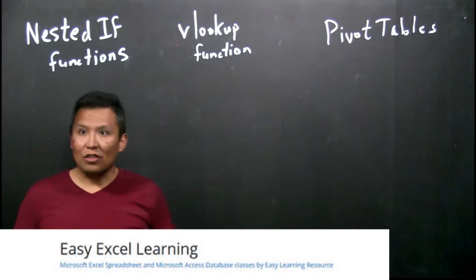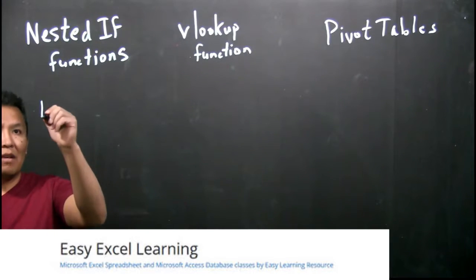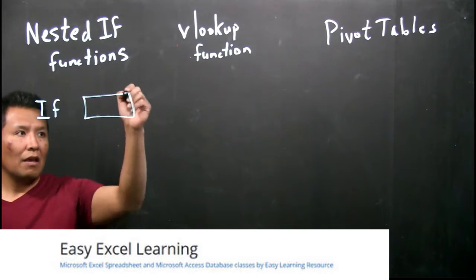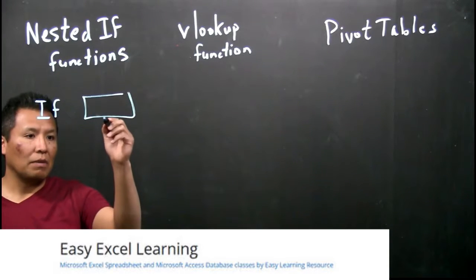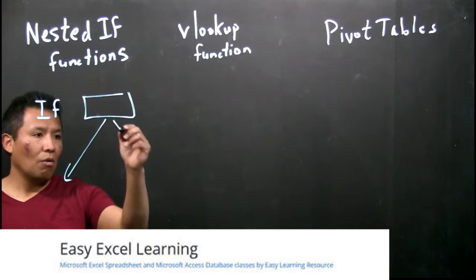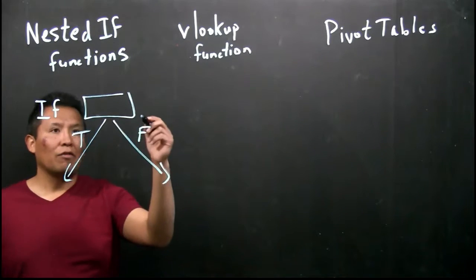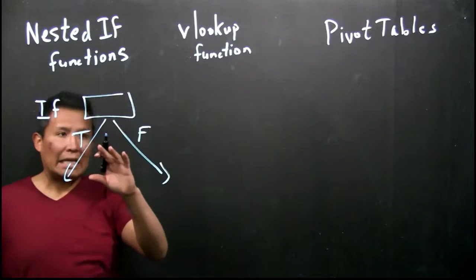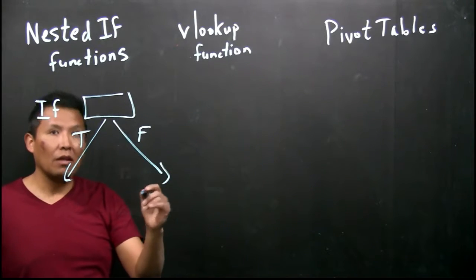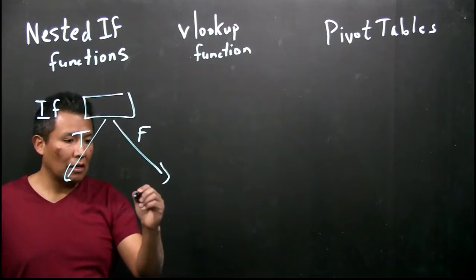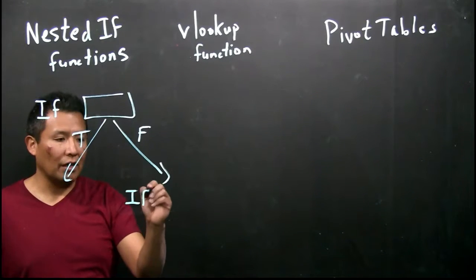For the nested if functions, we had an if statement that was testing some case. And that statement could be either true or false. And if we're going to nest another if statement inside of the first if statement, we can put it either here or here. So I'm going to draw a second if statement right here.